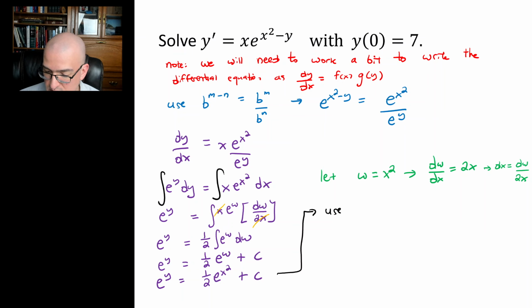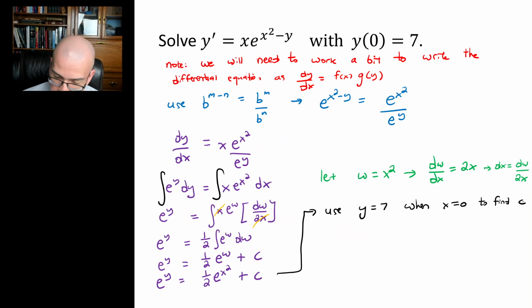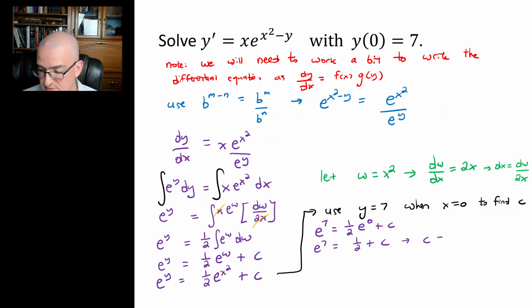We'll use y is equal to 7 when x is equal to 0 to find c. So e to the power of 7 is equal to 1/2 e to the power of 0 plus c. That means e to the 7 is equal to 1/2 plus c, since e to the 0 is 1. And that means c is equal to e to the 7 minus 1/2.